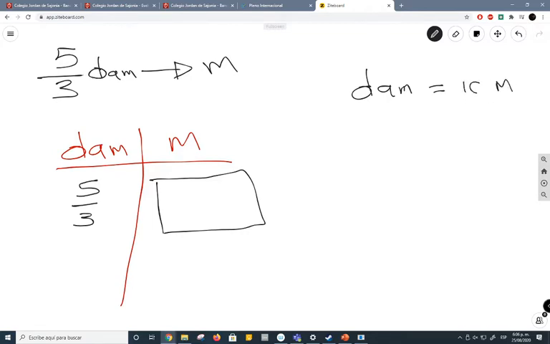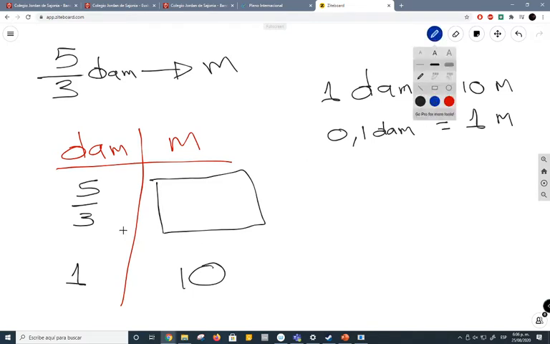We know that 10 meters is a decameter, or that 0,1 decameters is 1 meter. In this case, we can use any of these two relationships. I am going to select the first one. 1 decameter is 10 meters.